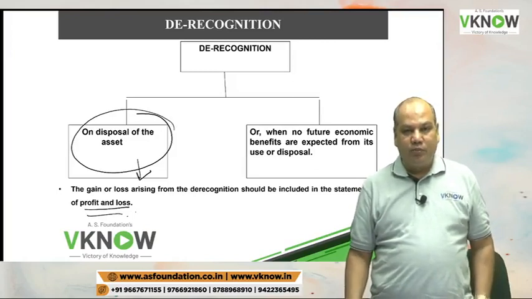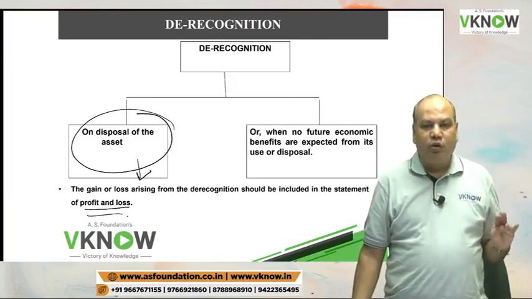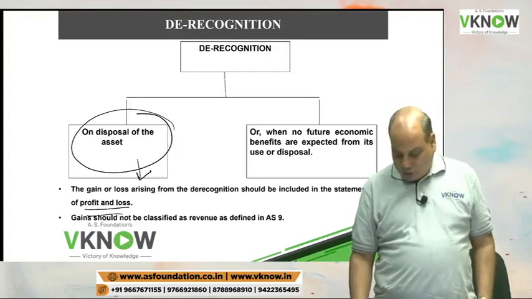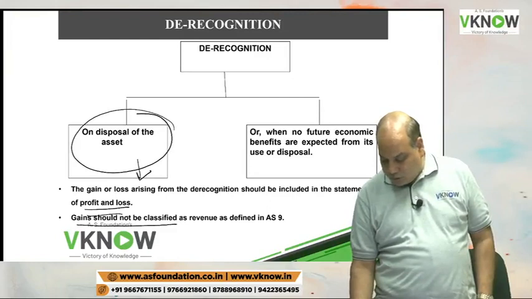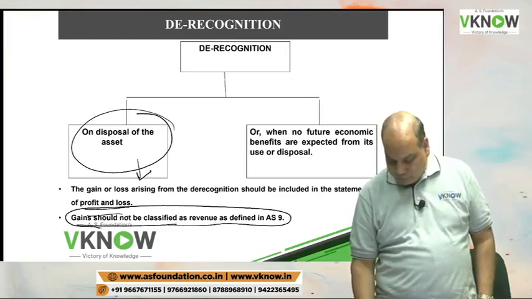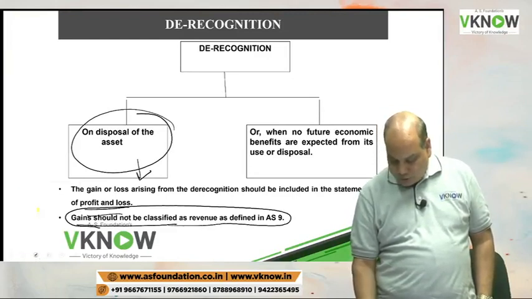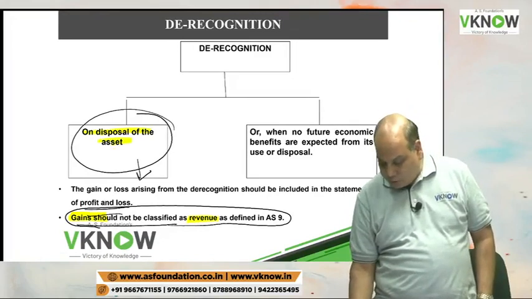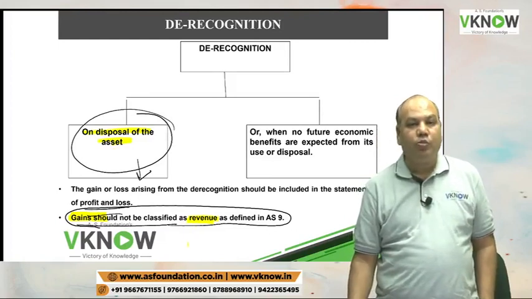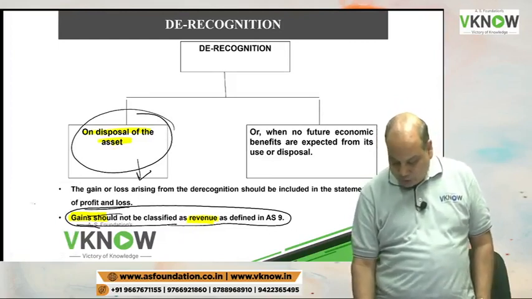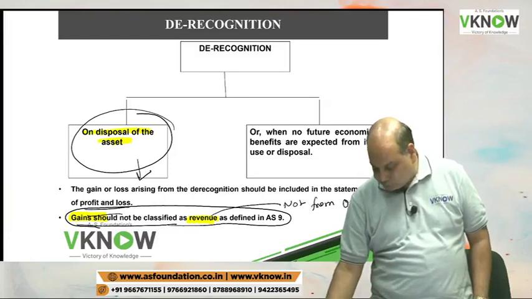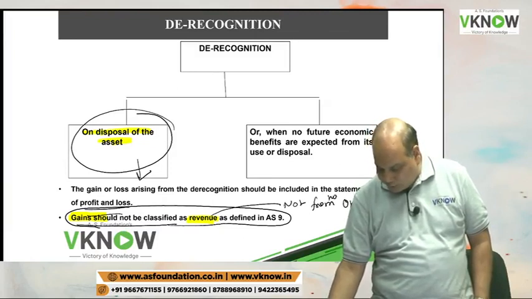So every time I have to recognize a loss or gain, we will recognize it in P&L account. Gain should not be classified as revenue. Somewhere in your notes it is written, this gain on sale of PPE is not revenue because it is not from operating activities, normal operating activities.